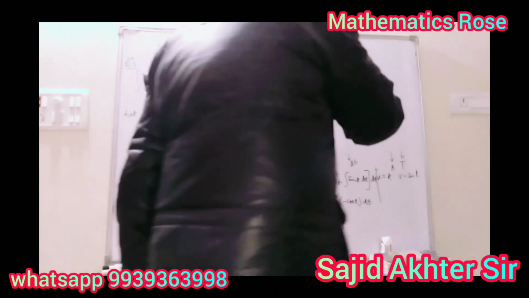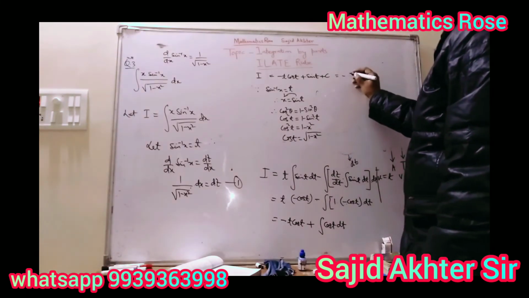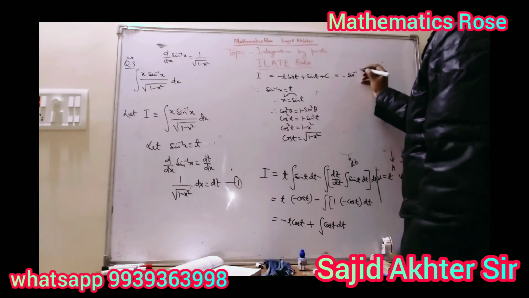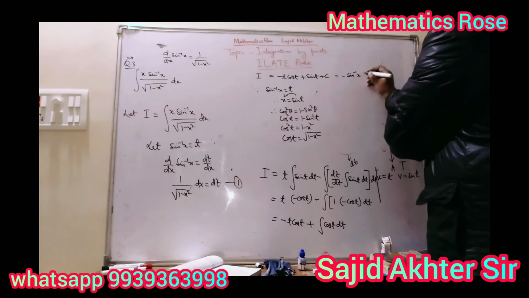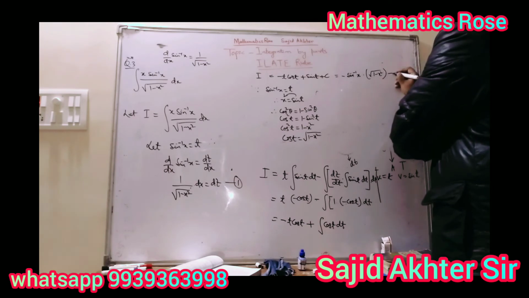So now we will convert here minus, in place of t put sine inverse x, and cos t is root under 1 minus x square, and sine t is equal to x, plus c.